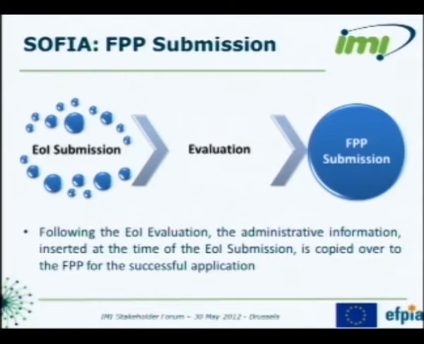And you can see here this process highlighted. So we get several applications during stage 1, during the stage of expression of interest. They are evaluated, and only one per topic will be successful.